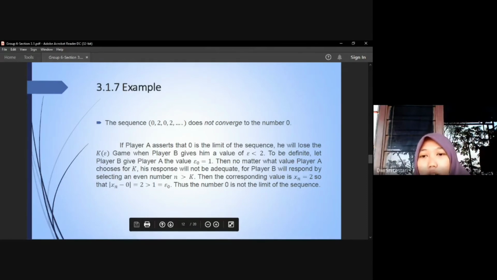Then no matter what value player A chooses for K, his response will not be adequate, for player B will respond by selecting an even number n greater than K. Then the corresponding value x_n is 2, so that the absolute value of x_n minus 0 is greater than or equal to epsilon_0.